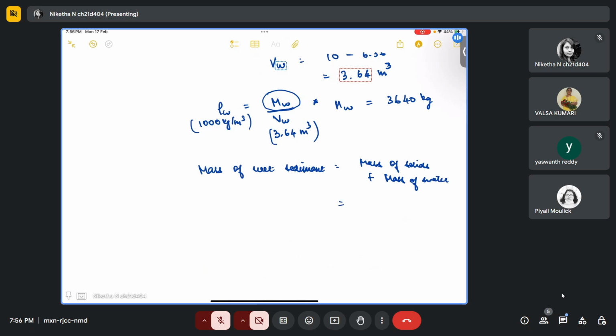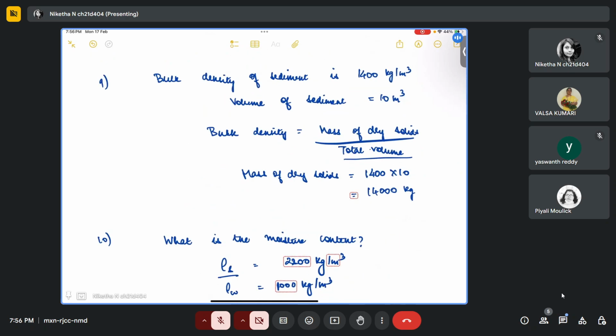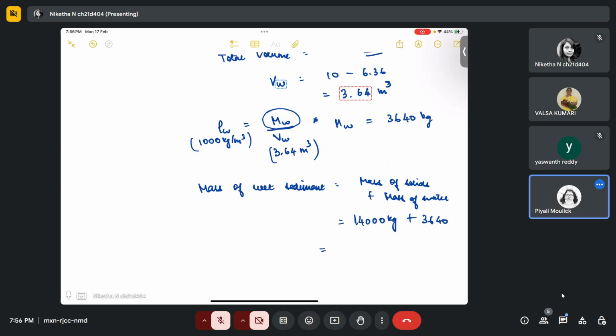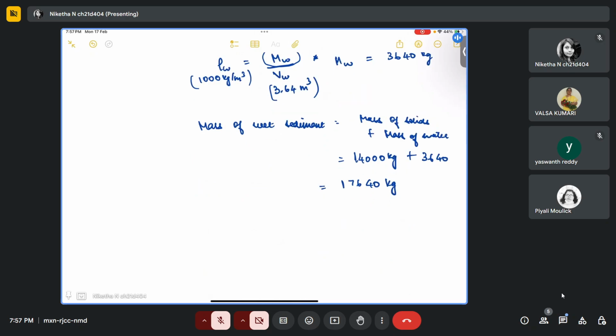We already know the mass of solids from the previous question is 14,000 kg. So we are writing that here. And the mass of water we just calculated, it is 3640. So together it will be 17,640. So this is the mass of the wet sediment.